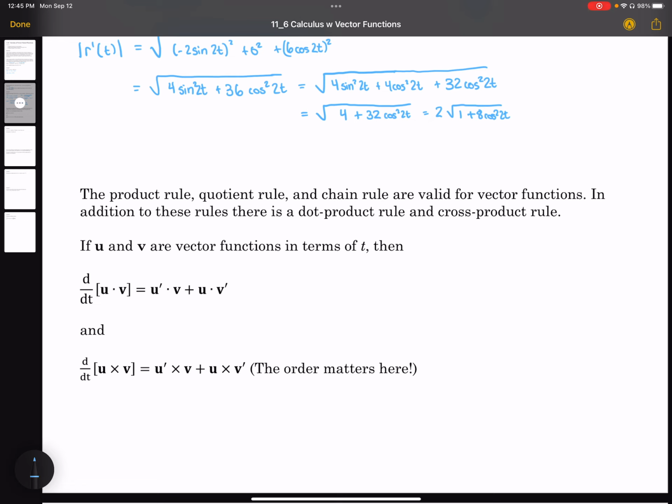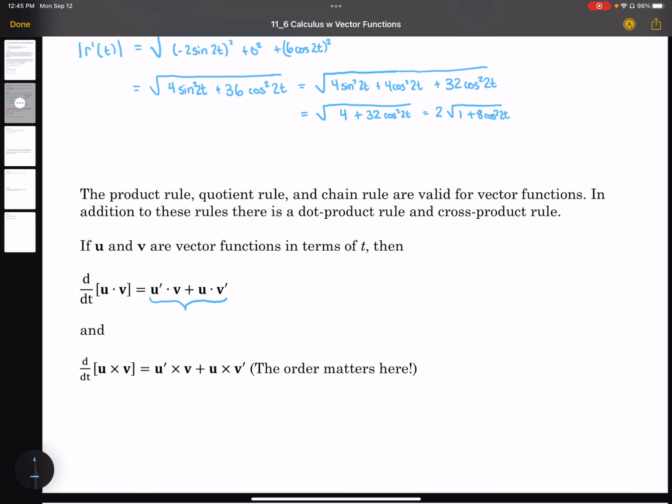So if u and v are functions in terms of t, then the derivative of the dot product is the derivative of the first function dotted with the second function held constant, plus the first function held constant dotted with the derivative of the second function. So it's the product rule, but with the dot product applied to it.